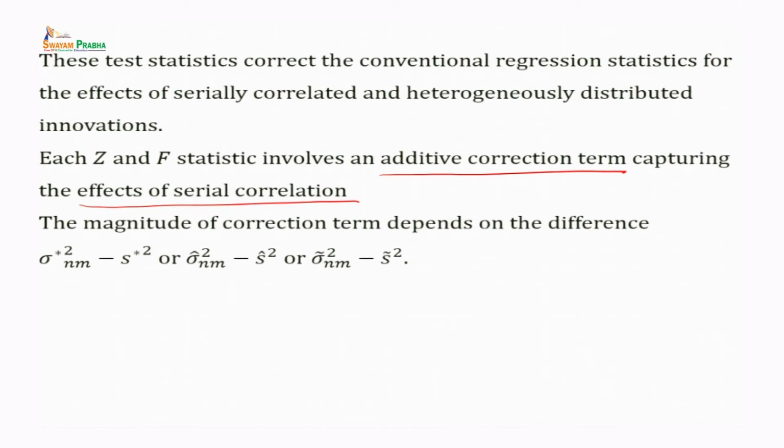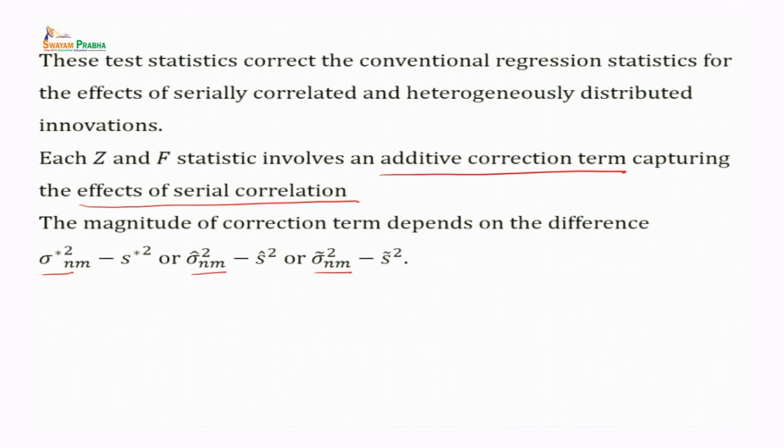And then the magnitude of the correction term depends on the difference sigma star square n m minus S star square, or sigma hat square n m minus S hat square, or sigma curl square n m minus S curl square. Remember, these are the estimators of sigma square u which take care of the serial correlation.